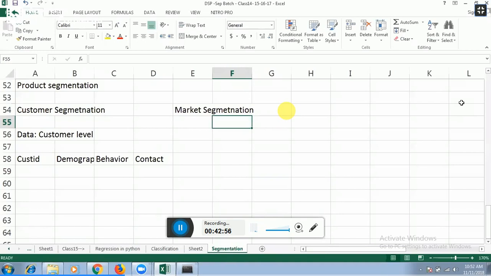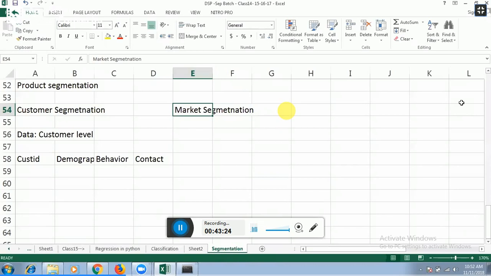Then we do some competitive intelligence, come up with differentiated products, and then launch the product. So there is a lot of process involved before launching a new product in a new market. That's also a kind of customer segmentation. But in this case, you're dividing the entire market into 5 groups or 10 groups or 20 groups, whatever it is.